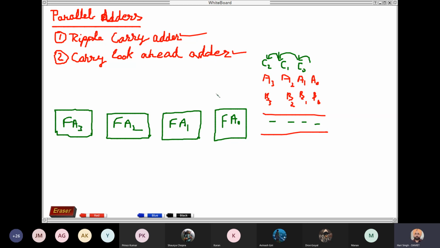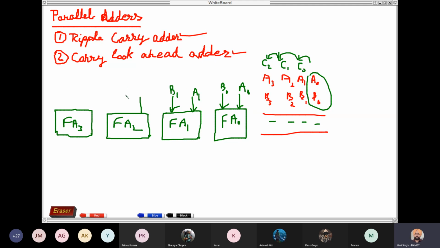Okay. So FA0, the first full adder, is used to add first two bits A0, B0. So inputs to this adder will be A0 and B0. Similarly, next adder will add A1, B1.